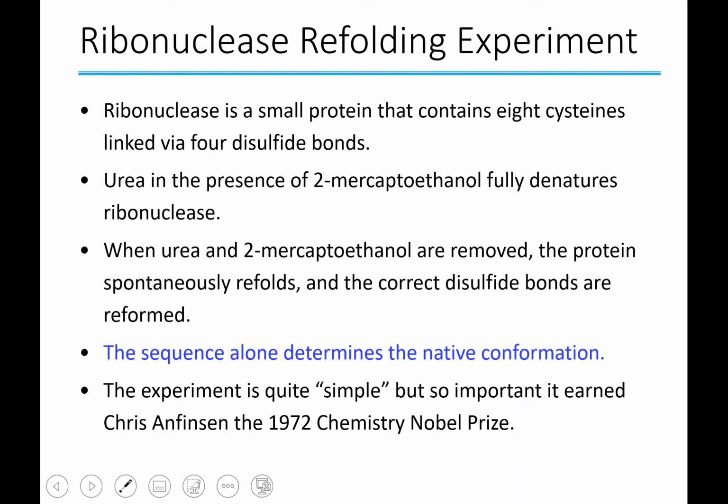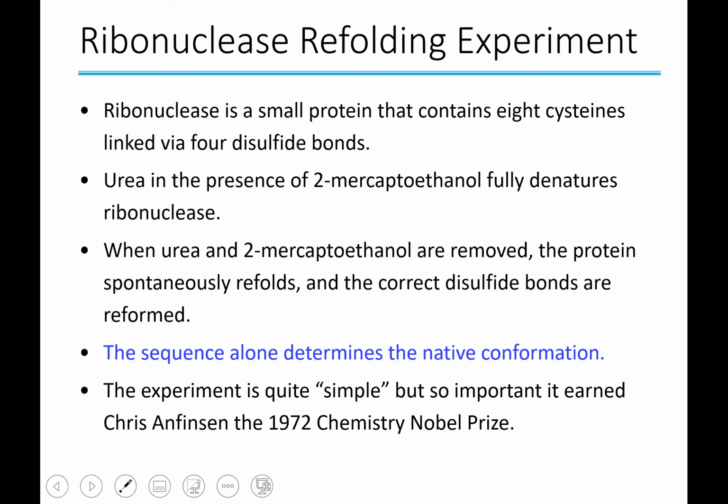A very important experiment was done with ribonuclease unfolding and then refolding. Okay. Ribonuclease is a small protein. It contains 8 cysteines. The 8 cysteines are all involved in disulfide bonds, so they form 4 disulfide bonds. The presence of urea and 2-mercaptoethanol, also referred to in the lab as beta-mercaptoethanol, fully denatures ribonuclease.